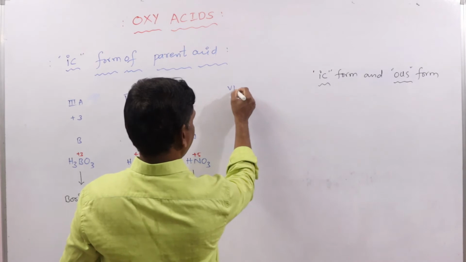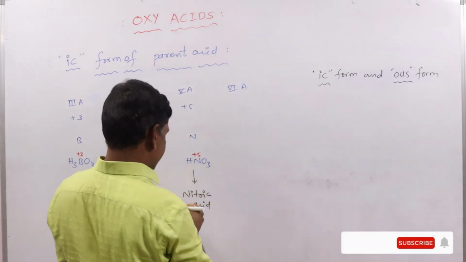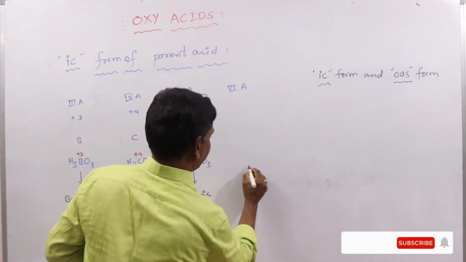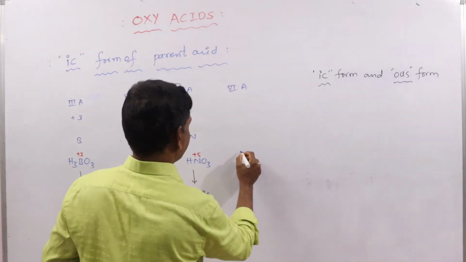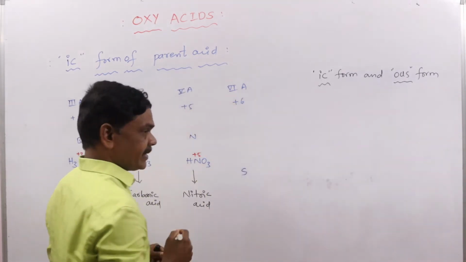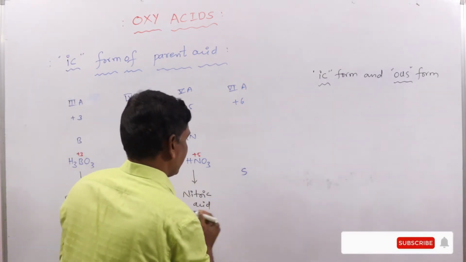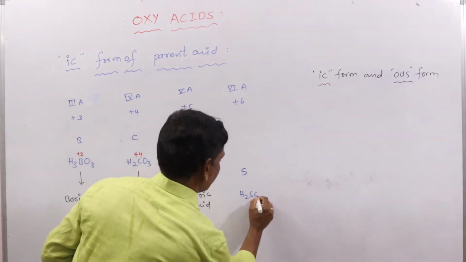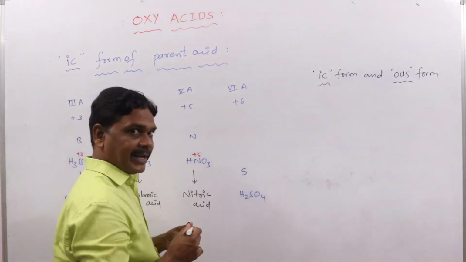Next, I am taking sixth A group. The first element is oxygen, and the second element I am taking is sulfur. The maximum oxidation state is +6. By using sulfur, the acid formed is H2SO4, sulfuric acid.